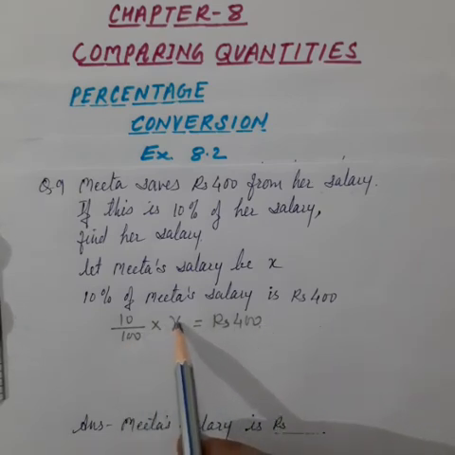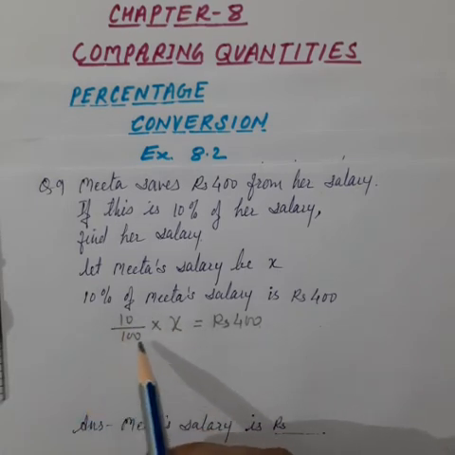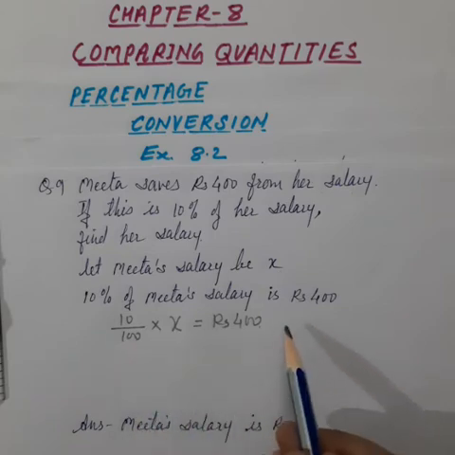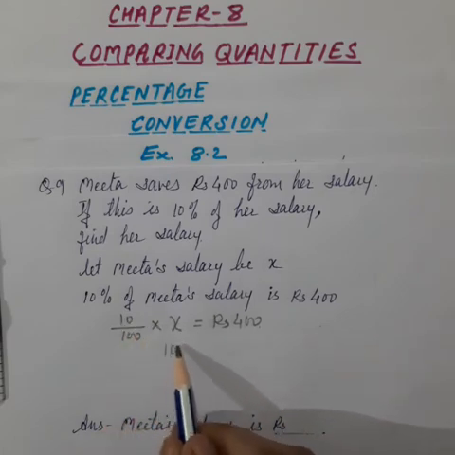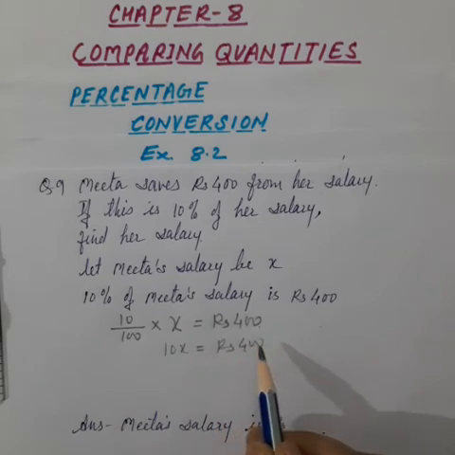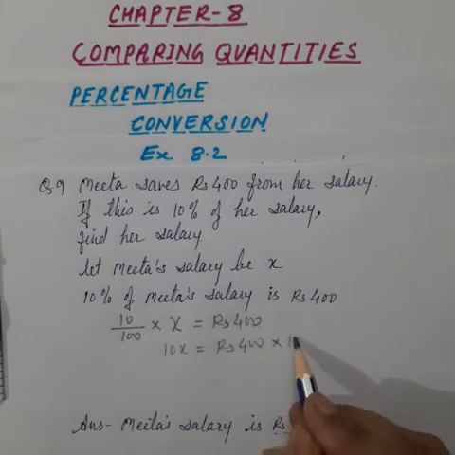To find Meeta's salary, we have to solve this equation. So first remove 100 from the denominator here. On the left hand side 100 is in the denominator. In division it will go to the numerator on the right hand side. So 10 into x, 10x, equal to rupees 400 into this 100 in the numerator.